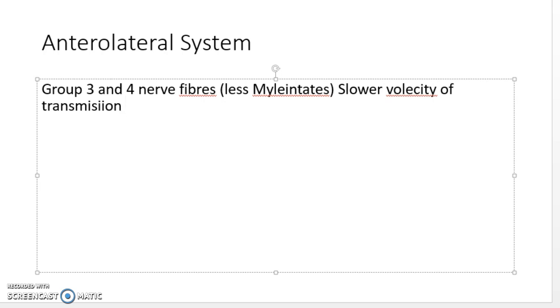So what's the difference between slow and fast? Let me explain.